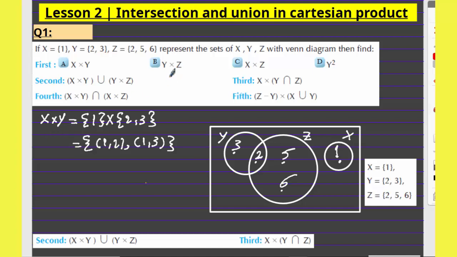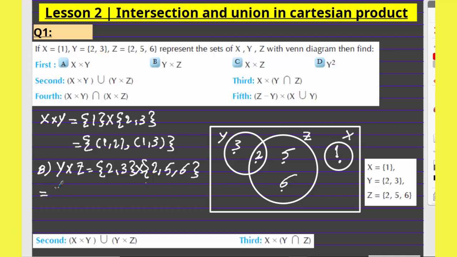Second, here we want to find the Cartesian product of y and z. So we write b here, y cross z, and we write the elements of y, 2 and 3, cross the elements of z, 2, 5, and 6.